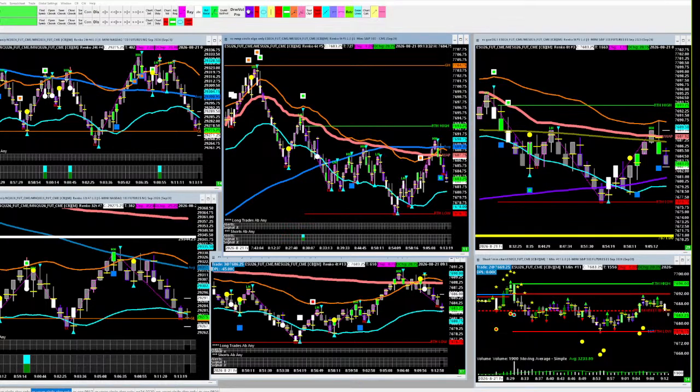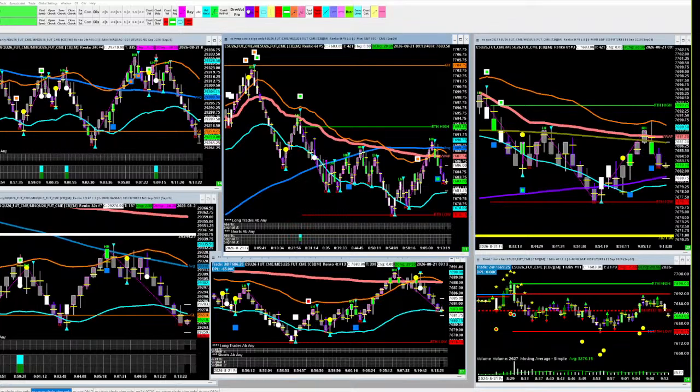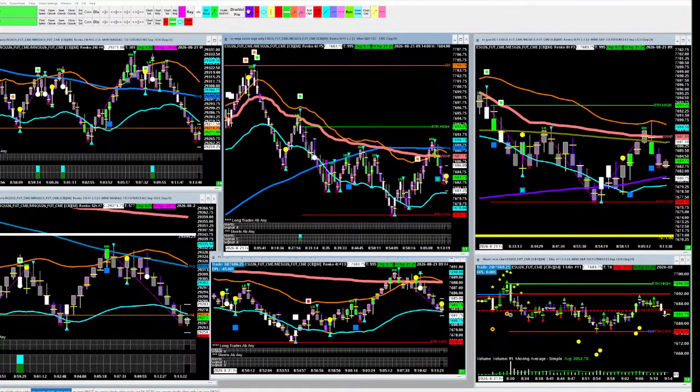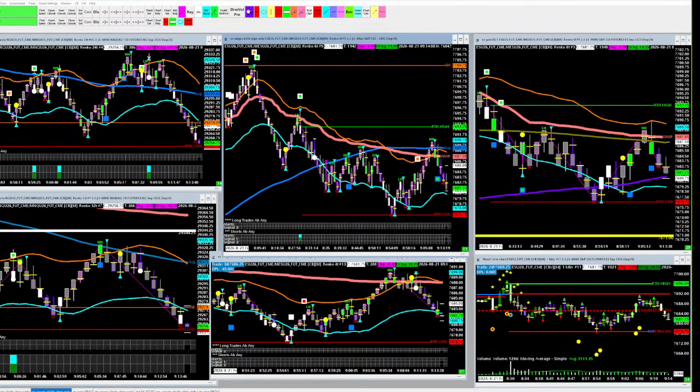NQ negative again on the day. NQ accelerating down.